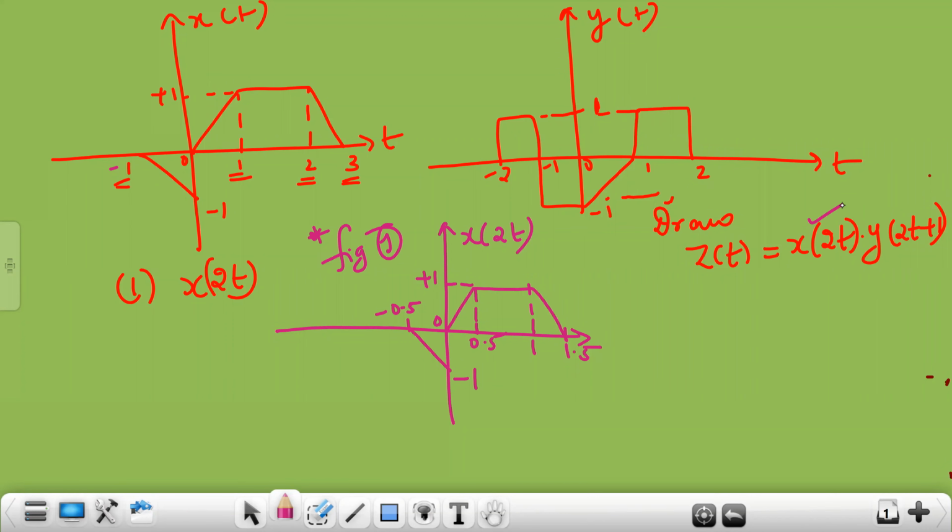Now coming to the next part, you need to draw y of 2t plus 1. How many operations are there in y of 2t plus 1? You have two operations: one is time scaling and the second one is time shifting.